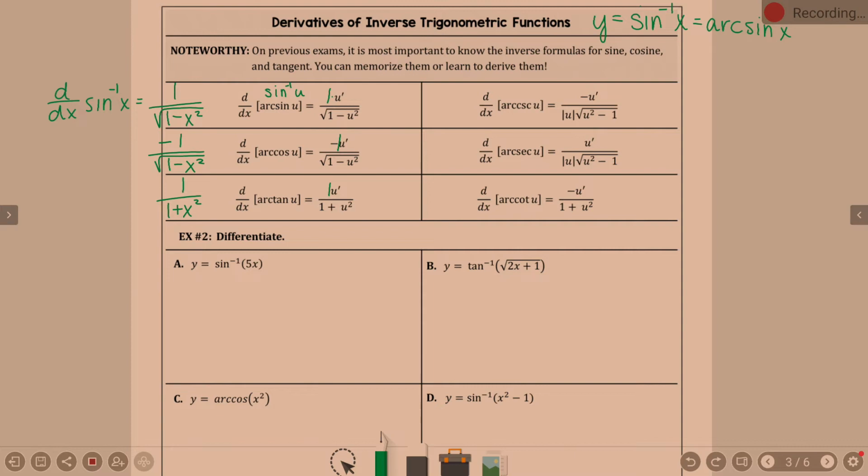So d dx of sine inverse x equals dy dx. I guess you could say that, yeah, because your sine inverse would be your y value there. Which is the derivative of y with respect to x.